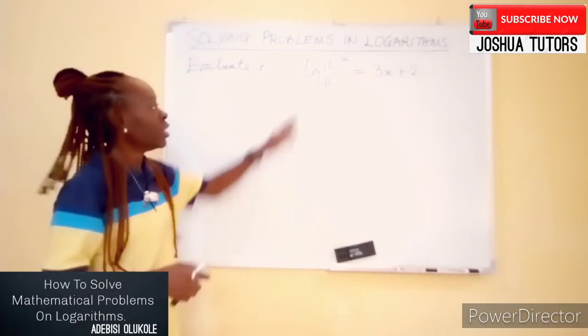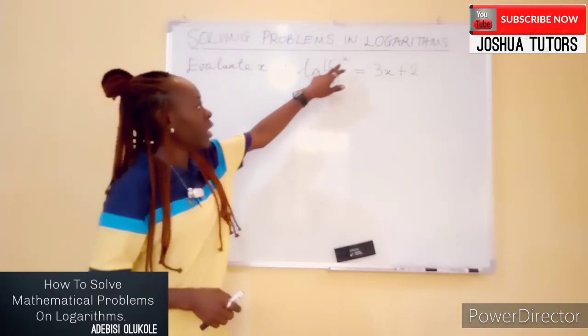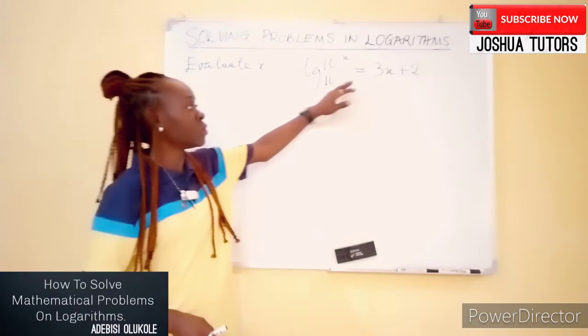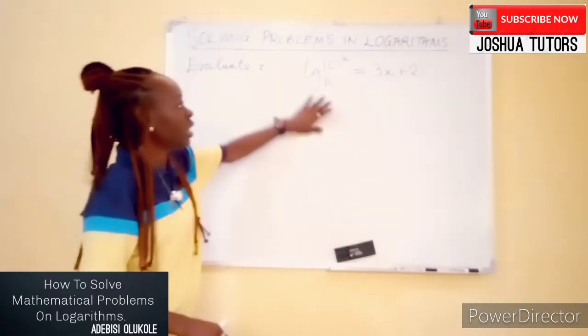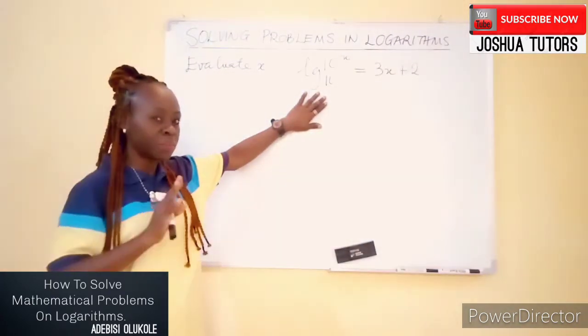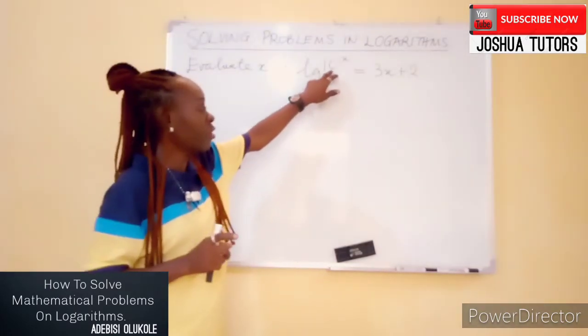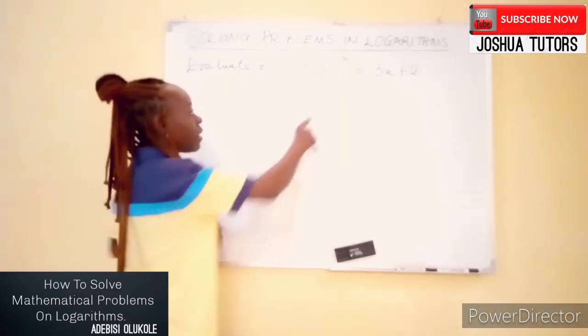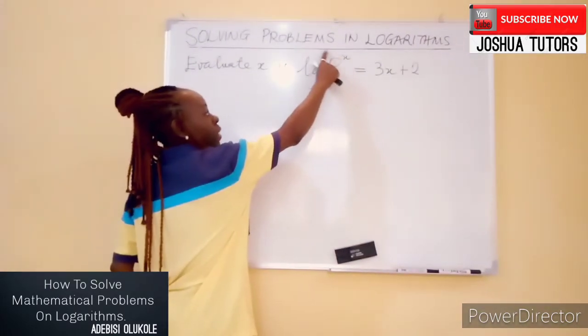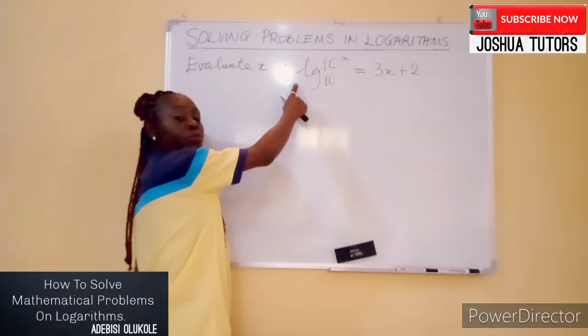X is a variable. Log of 10 raised to the power of x to base 10 is equal to 3x plus 2. The left hand side already simply makes us understand that there is a law of logarithm applied here. So this power x is going to multiply to become a coefficient, applying the law of logarithm.